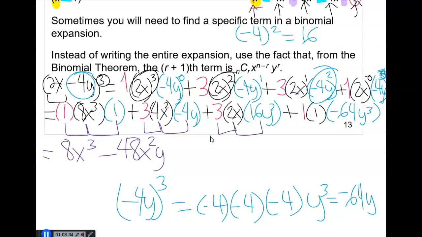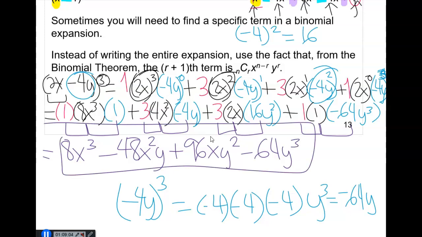And then 6 times 16, that will be 96 xy squared. And then for our last term, 1 times negative 64. And so that will be minus 64 y to the third power. And that will be the final solution.